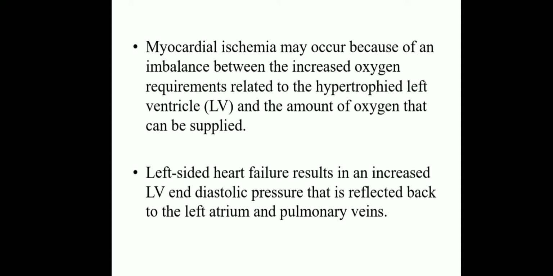Here the left ventricle leads to hypertrophy. The left ventricle has more pressure and hypertrophy, and the amount of oxygen that can be supplied is also needed. So the left side of the heart fails, resulting in increased left ventricular end-diastolic pressure that is reflected back to the left atrium and pulmonary veins.